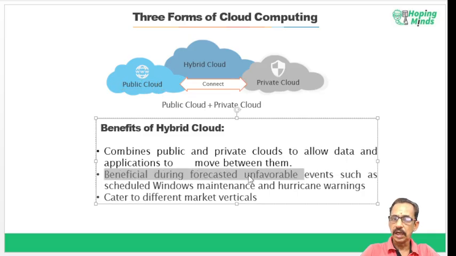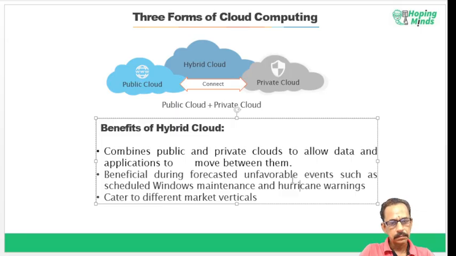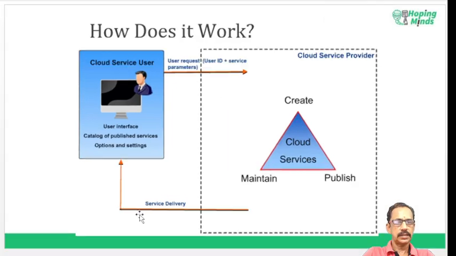It is beneficial during a forecasted unfavorable event, such as scheduled maintenance or an earthquake or hurricane warning that can be harmful for our private data center. Got it? And it caters to different market verticals. So these are the three forms of cloud as per access.